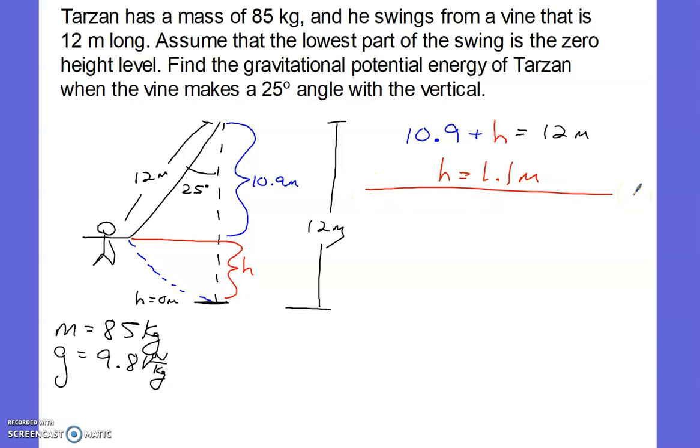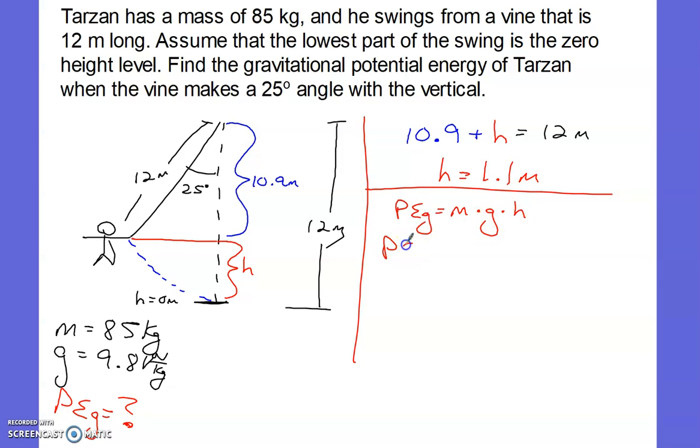And remember, what I want to find is my gravitational potential energy. So to do so, I go to my formula. Gravitational potential energy is mass times gravitational field strength times the height. My mass, I was told, is 85.